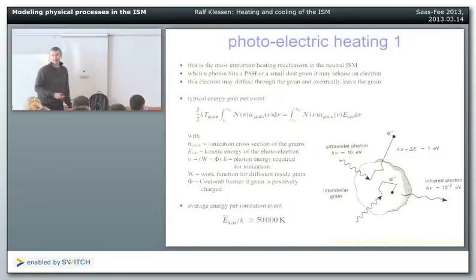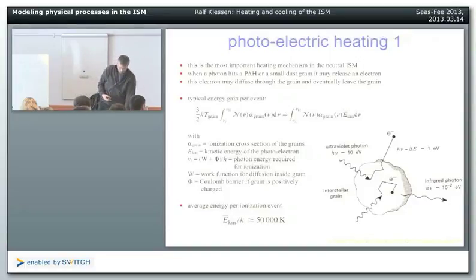The grain is often positively charged, so you need to overcome a Coulomb barrier. And there is some work function, because the electron diffuses around inside your grain and loses much of its energy there. So the typical energy per ionization event is something like 50,000 Kelvin. Not a lot, but still appreciable.